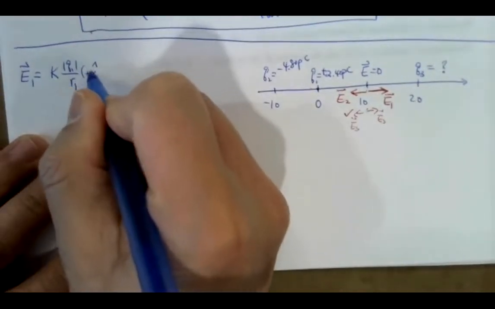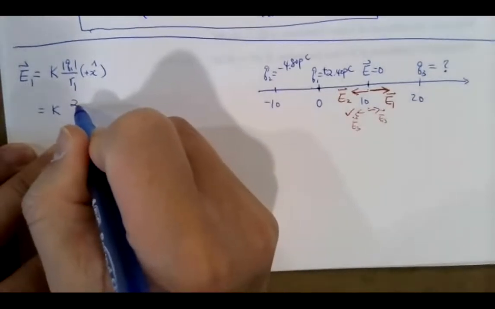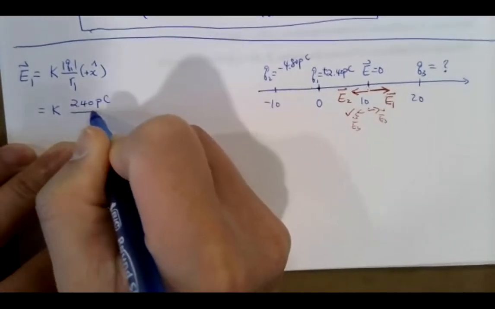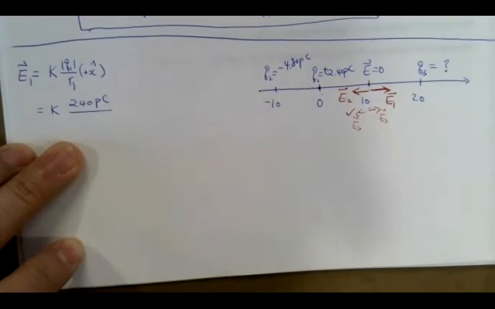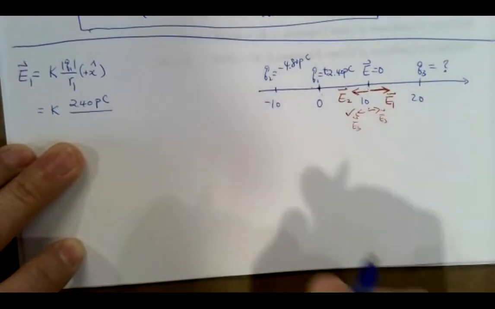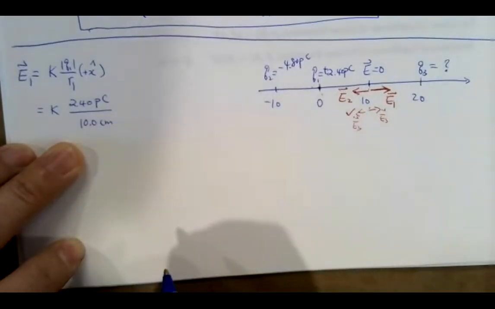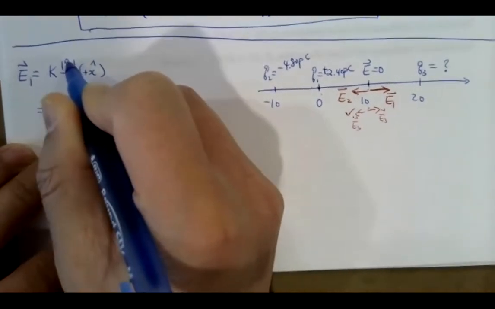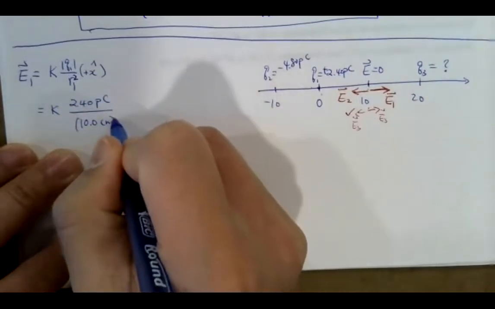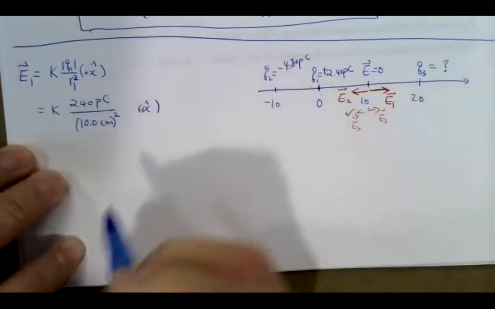Sorry, I forgot about the square, because it should be K times absolute value of Q over R squared. So E1 is K times 2.40 PC over R1 squared, where R1 goes from here to here, so that's 10 centimeters, in the positive x direction.